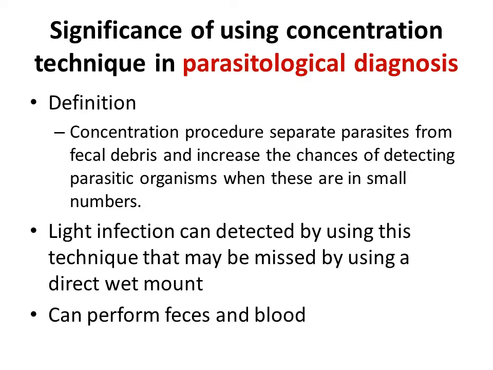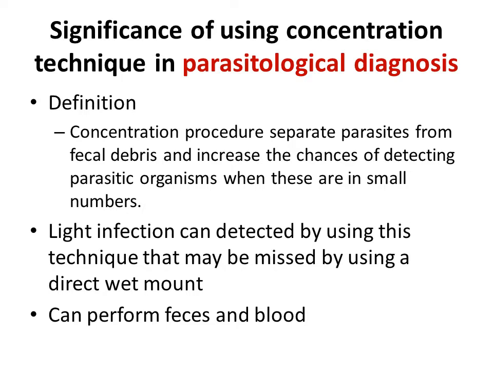So when we go for the concentration technique, we are concentrating the amount of parasite present in the specimen, and we can collect the sample and observe it to go through the identification. Here we are reducing the disturbance of the specimen constituents.